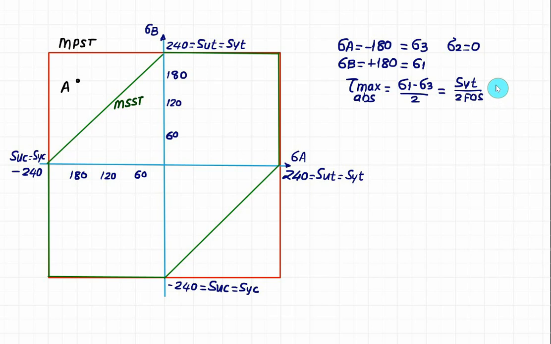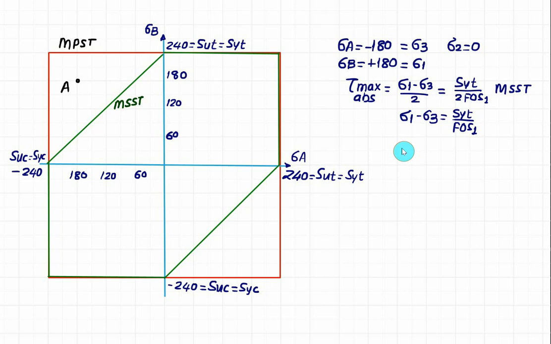This is our MSST, the maximum shear stress theory. The 2s cancel, so we have sigma 1 minus sigma 3 equal to SYT divided by the factor of safety. Let's call it factor of safety 1 for MSST.